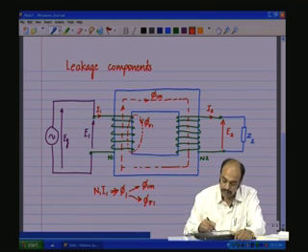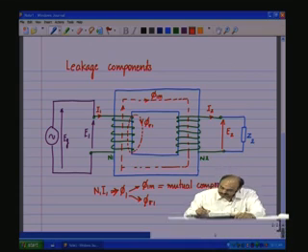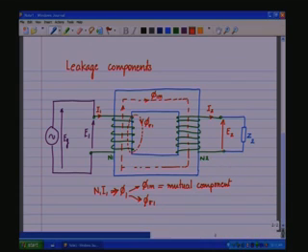The phi 1 m component is called the mutual component, which links with the secondary winding. It is flowing through the core and links with the secondary winding.